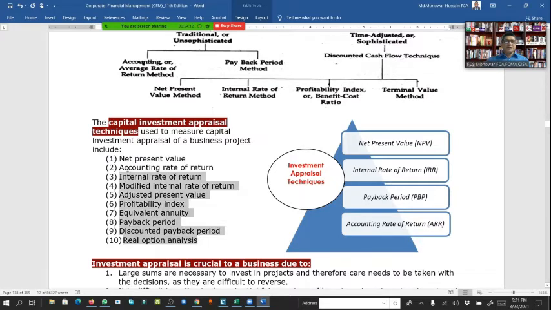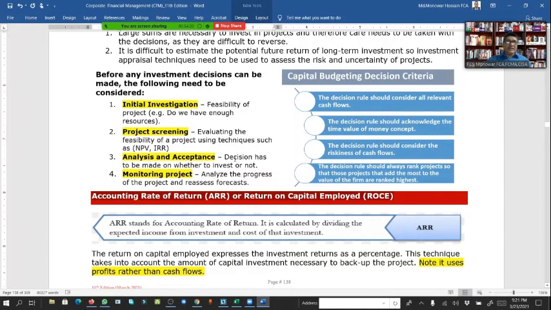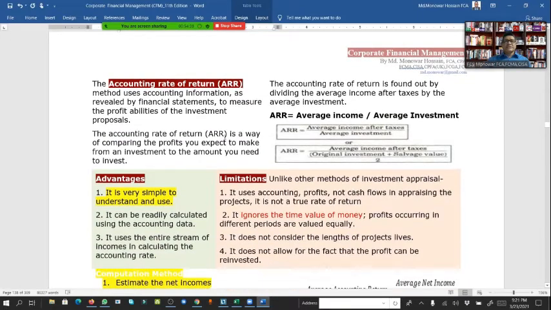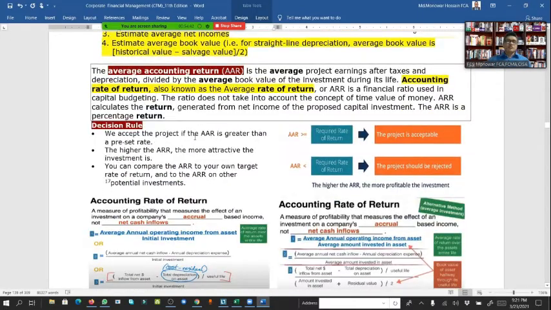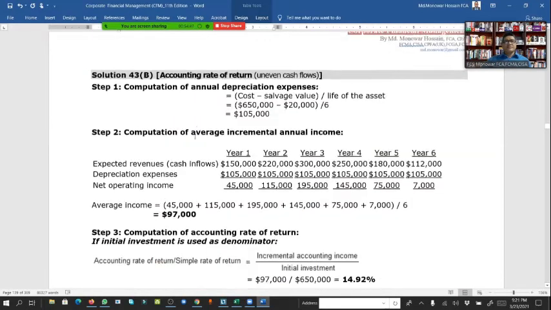There are different types of techniques, and we are majorly using NPV, IRR, payback period, profitability index, etc. And also we have seen the capital budgeting decision criteria, that means the process also. And we have seen the accounting rate of return with its limitations and advantages, and when it is accepted, and we discussed a few maths here.